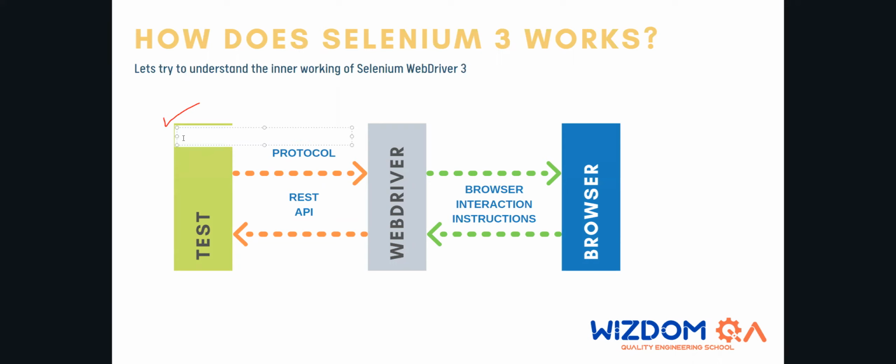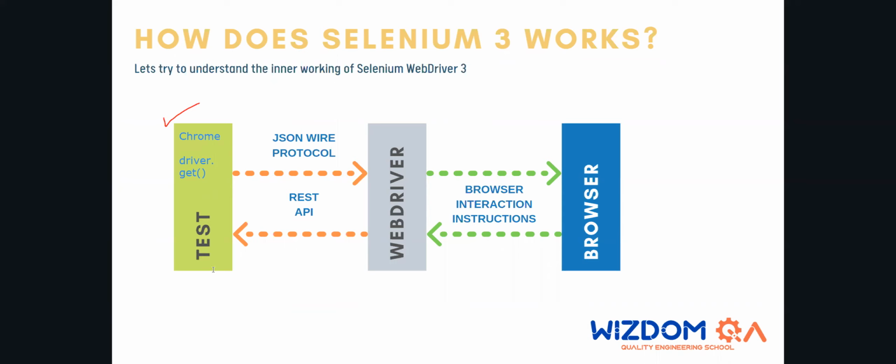We create an object of ChromeDriver, as we did yesterday, and then we use the driver object to run one single method called .get. This is simple Java syntax to trigger the Chrome browser. That's it.